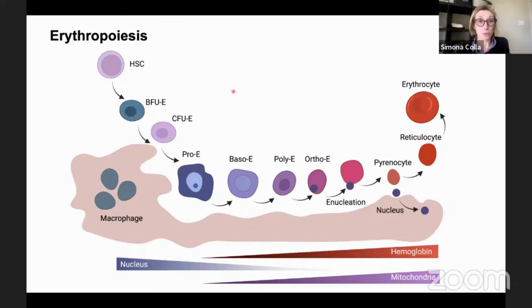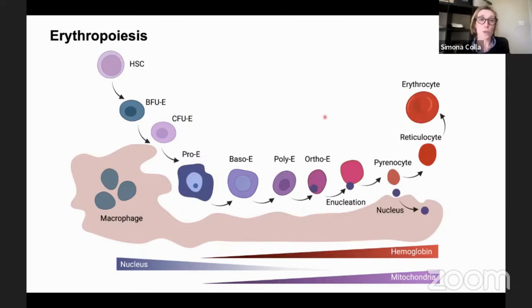Starting from BFU, which are the more primitive, and then they go through differentiation until they reach the final step in the bone marrow and become orthochromatic erythroblasts. This cell loses the nucleus, which is phagocytosed by the macrophages, and then finally is released into the blood.